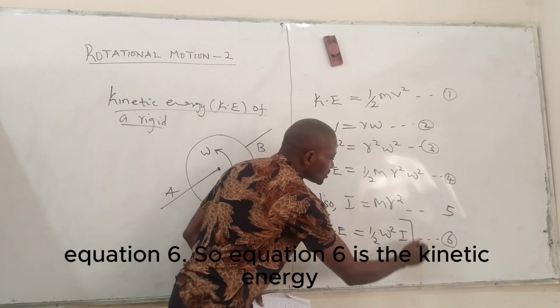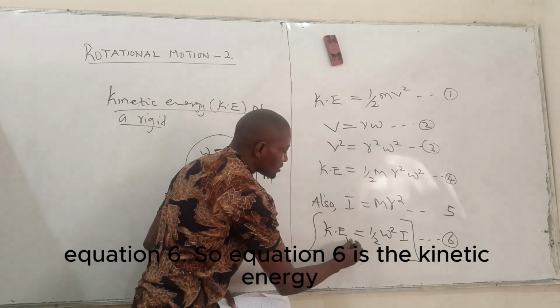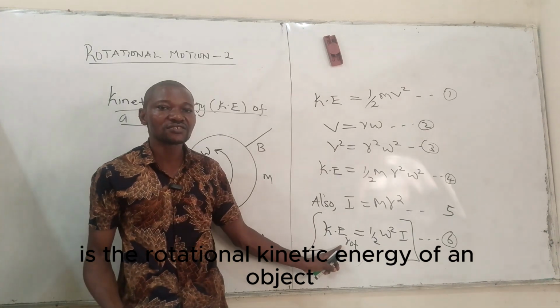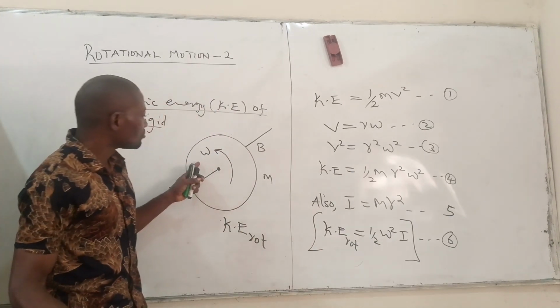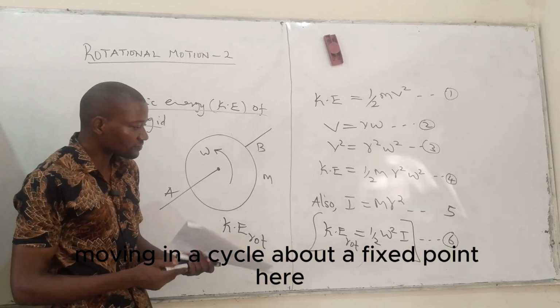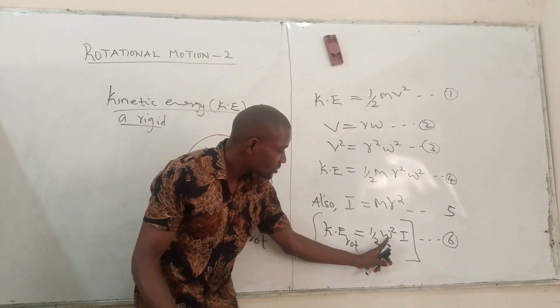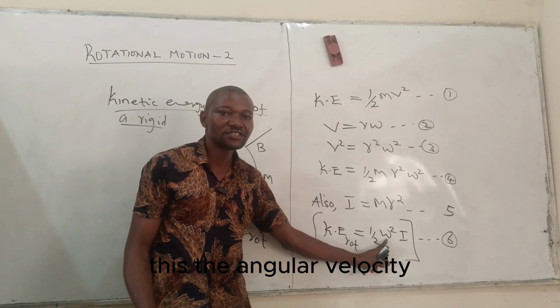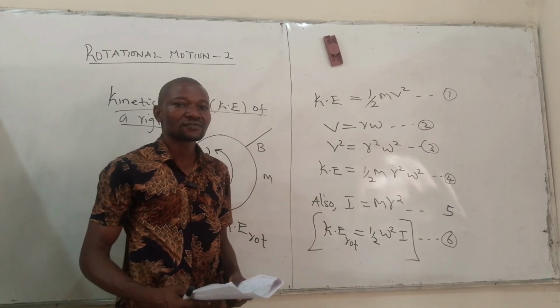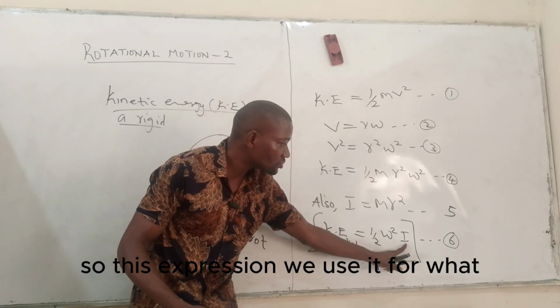So equation 6 is the rotational kinetic energy of an object moving in a circle about a fixed point. Here, this is the angular velocity, and this is the moment of inertia. So this expression, what do we use it for?